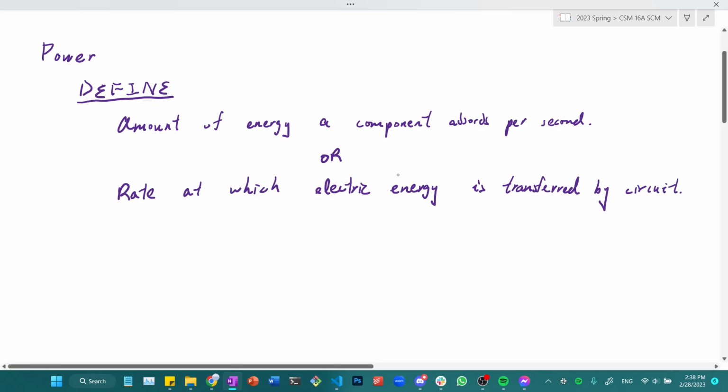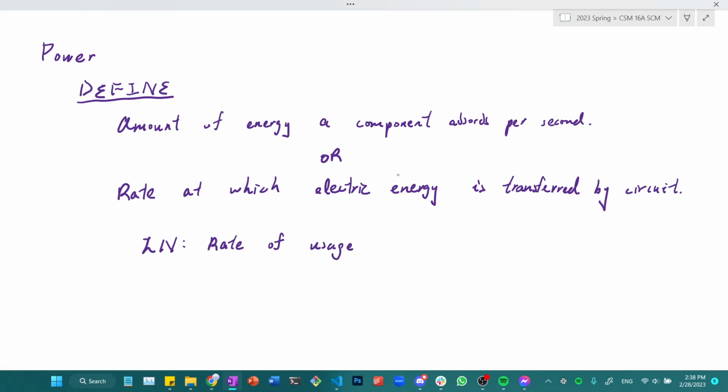The lecture note presents a very similar definition, which says power is the rate of usage of energy, or the rate of change of energy is what the lecture note really said, but essentially power is more the rate of usage of energy. That actually matters for reasons that we'll talk about later.